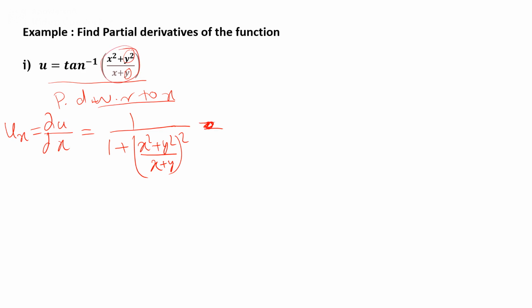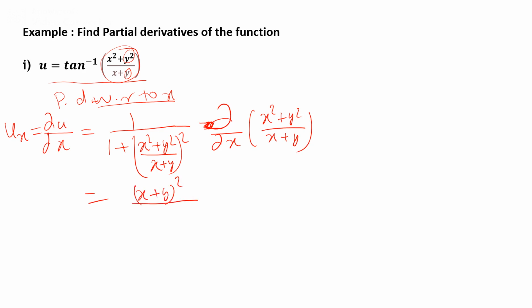Now take the derivative of that function. So the partial derivative of that function also. What do we get? We simplify that function, so you can write (xy) whole square upon (xy) whole square plus (x square plus y square) whole square, and for the derivative of this, use the quotient rule here.